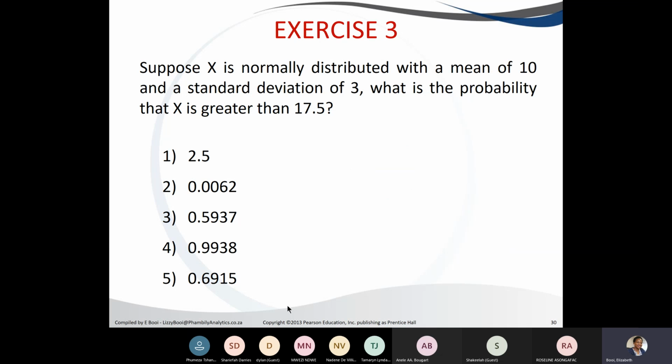Next, last question. Find the probability of X greater than 17.5.